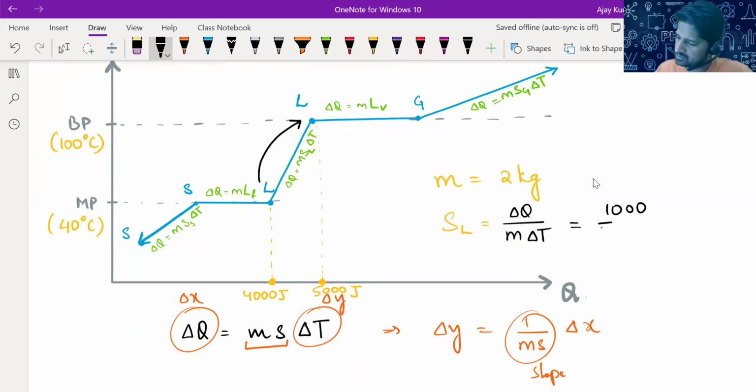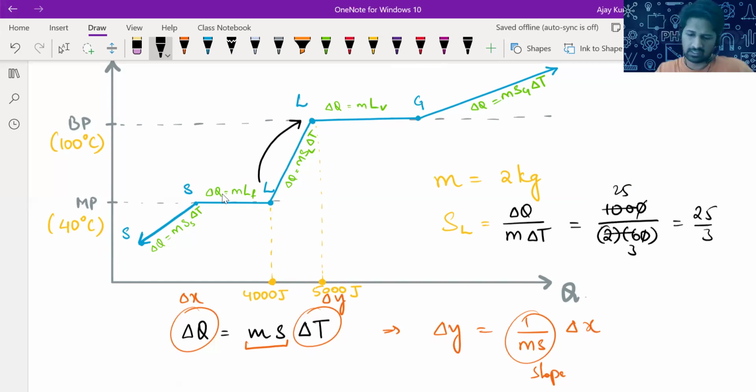That's the amount of heat to be supplied to the liquid. How much mass is given? 2 kg. And how much temperature change is it undergoing? 40 to 100 is a 60-degree change in temperature. That's all. 1000 by 2 into 60, so 25 by 3 is the answer in SI units. Joule per kg per Celsius degree or joule per kg per Kelvin. It's the same, right?